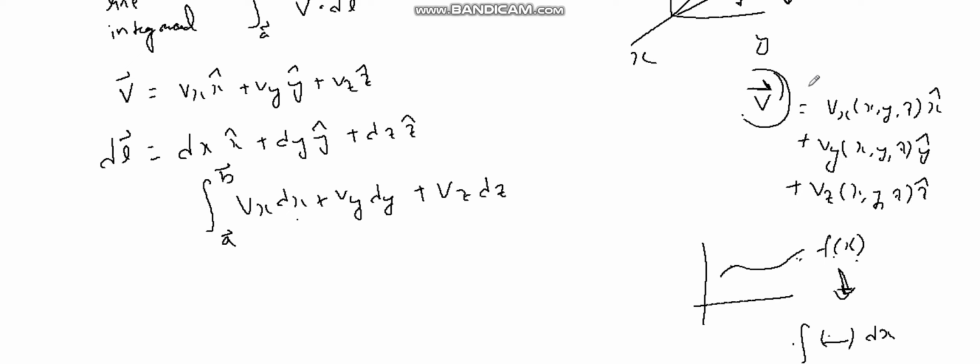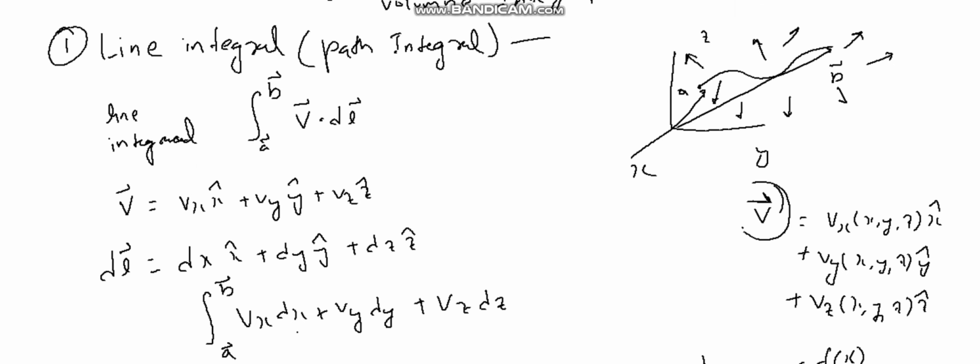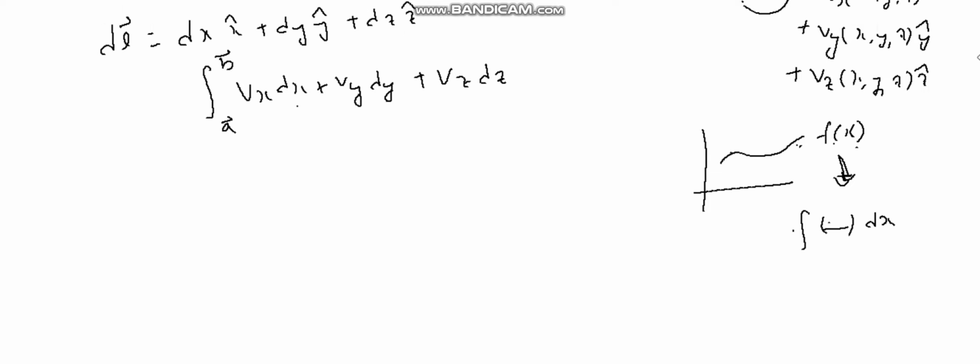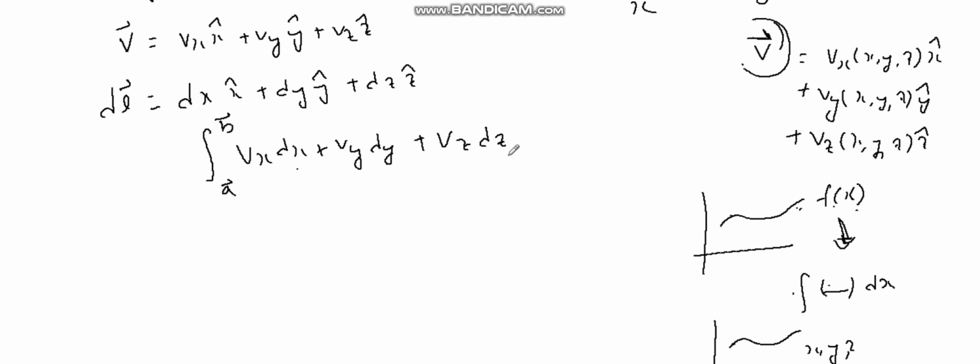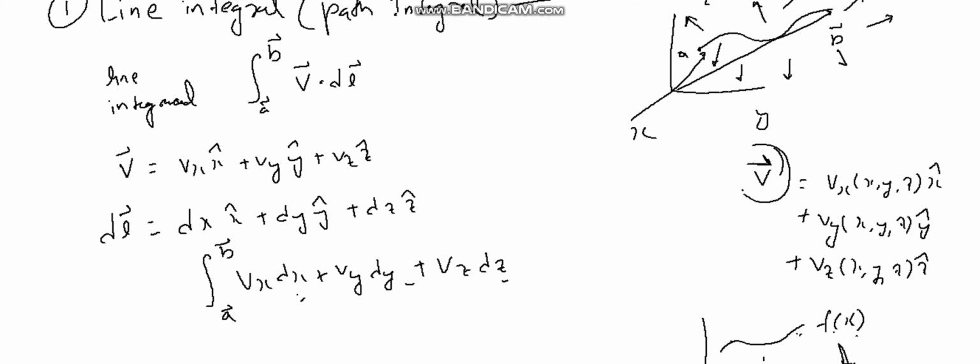Here the curve is moving in space. It is not restricted to a plane. As the curve moves, all three variables x, y and z are changing. That's why we have the terms dx, dy and dz, whereas there only x was changing.